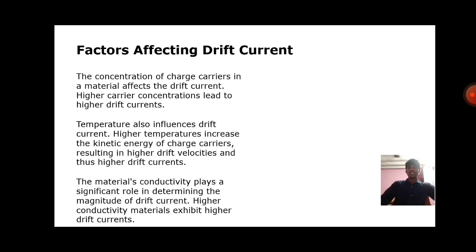High temperature increases the kinetic energy of charge carriers, resulting in higher drift velocity and thus higher drift current. The conductivity of the material also plays a significant role in determining the magnitude of drift velocity. Higher conductivity materials exhibit higher drift current.